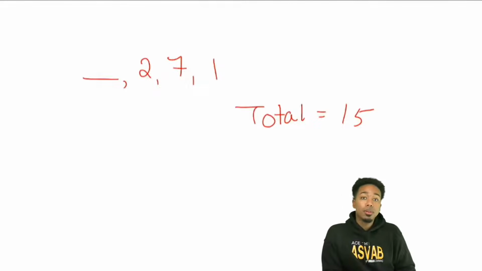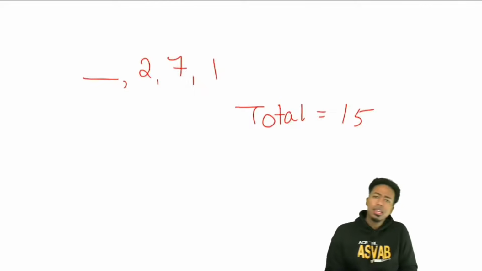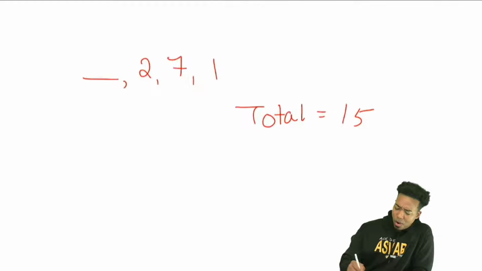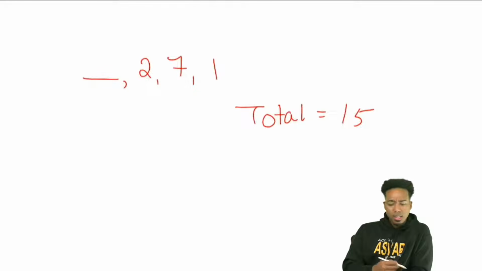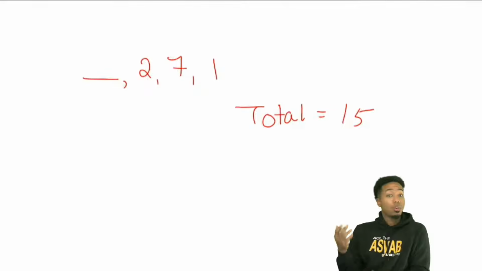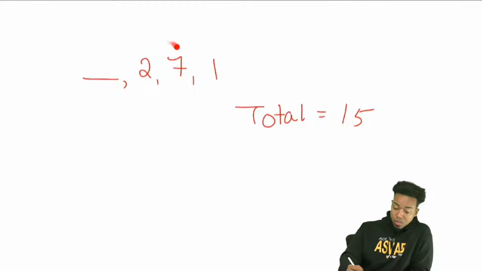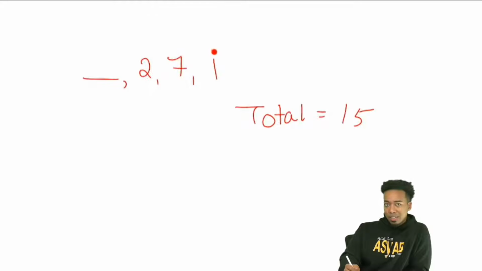There we go. 5. And we would understand that by saying, okay, all this is supposed to add up to 15. Let me take away what I got. Take away 1, that's 14. Take away 7, that's 7. Take away 2, I'm back at 5. Or you could just say, hey, 2 plus 7 is 9, plus 1 is 10.